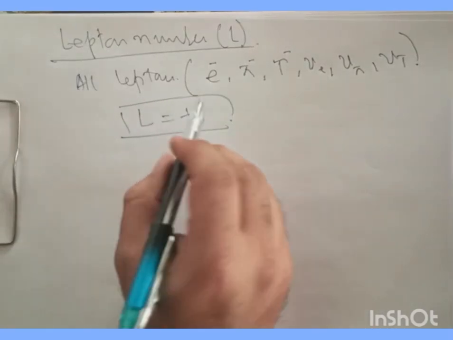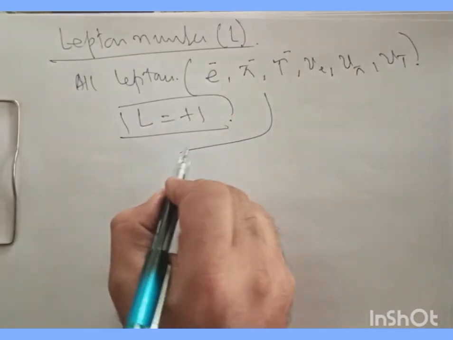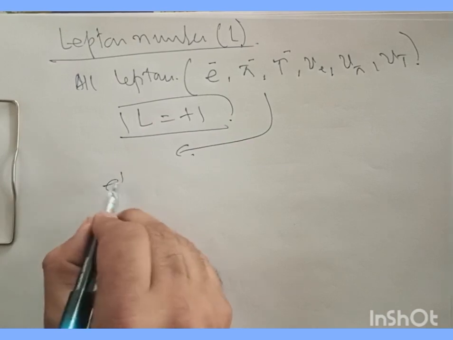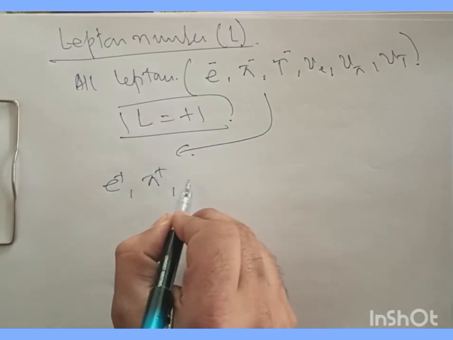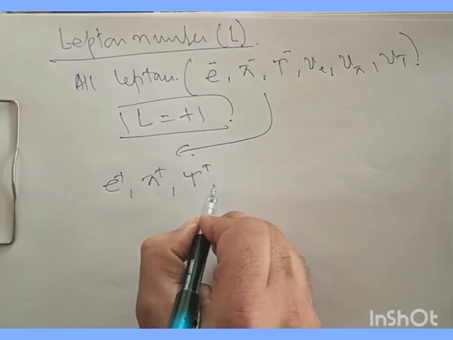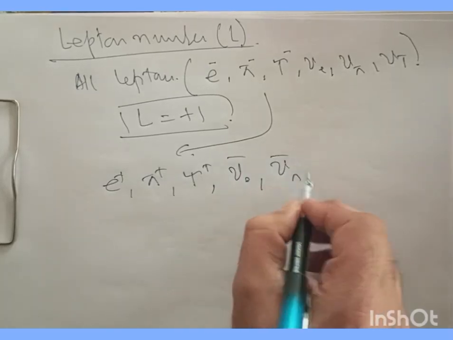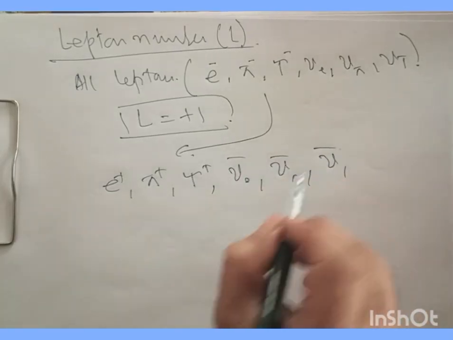On the other hand, all of their antiparticles. So what are their antiparticles? We have e plus, mu plus, tau plus, and nu e bar, nu mu bar, and nu tau bar.